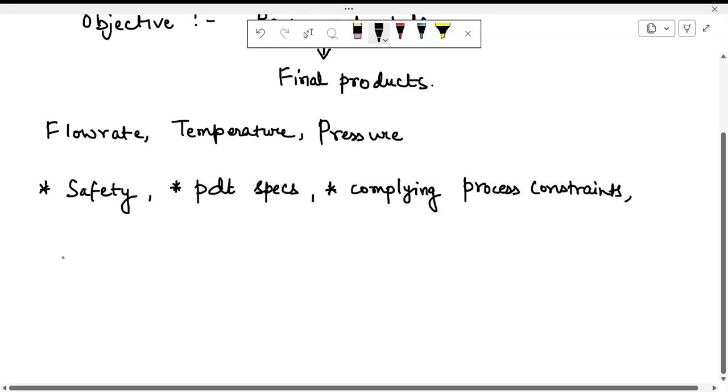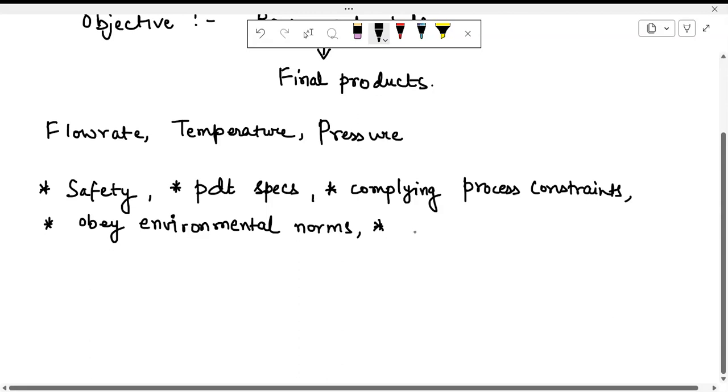Then we also need to obey any environmental norms in case you are letting out some byproduct into a nearby river body. So all of these things have certain norms from the country's environmental laws, where you can only discharge a certain amount of the chemicals into any natural water body.